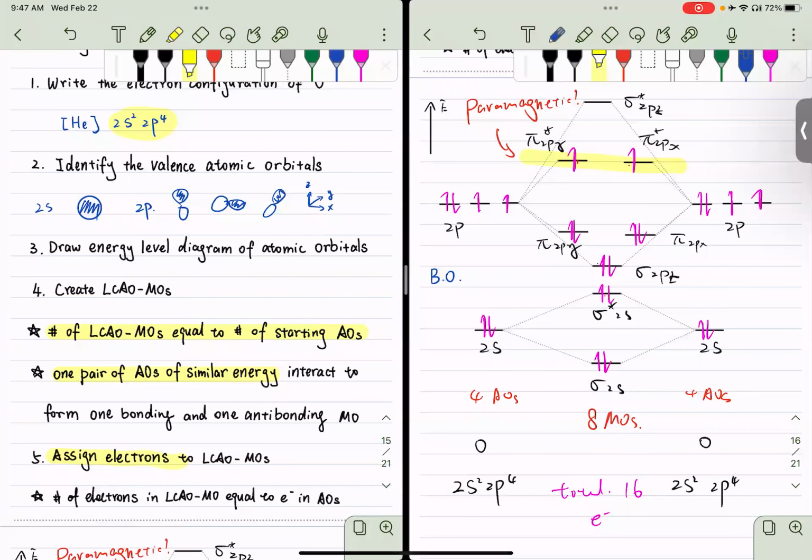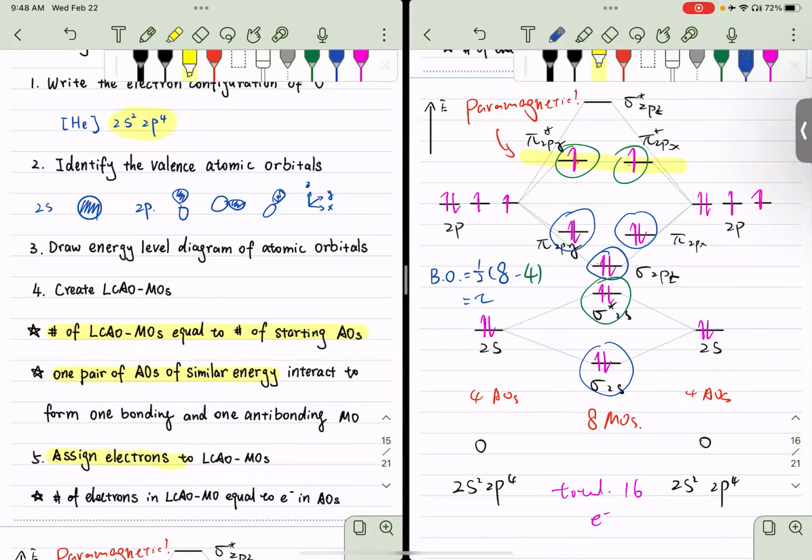Remember, bond order equals one half times the number of bonding electrons, 1, 2, 3, 4, 5, 6, 7, 8, minus the electrons in the anti-bonding MOs, 1, 2, 3, 4, so 8 minus 4. So the bond order of oxygen equals 2, which means it is a double bond.